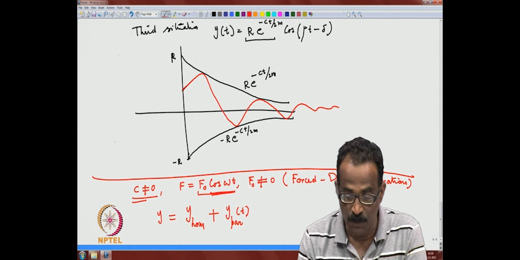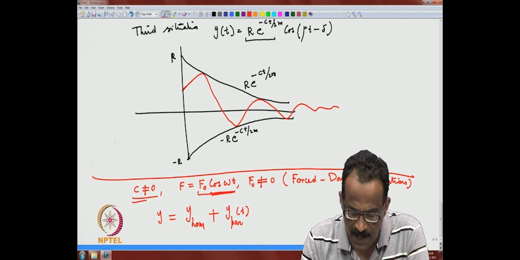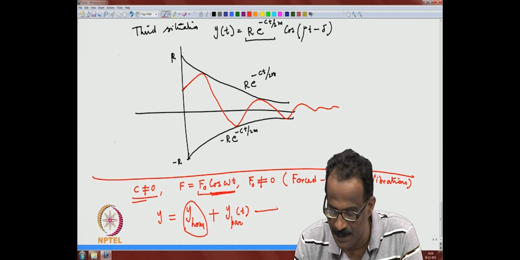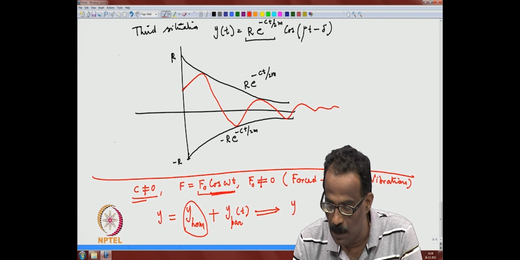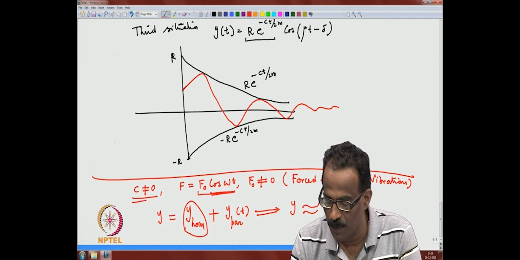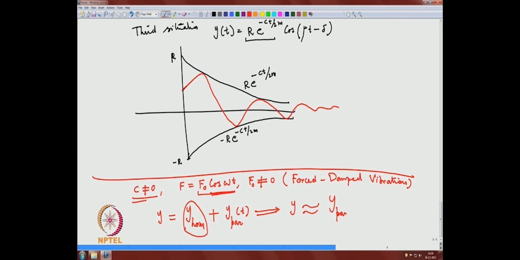And what we have observed is that as t tends to infinity this goes to 0. So as t tends to infinity, y will behave like the particular solution, because the homogeneous part goes to 0. So the behavior of your solution will be like y particular, and according to that you can write down your solution.